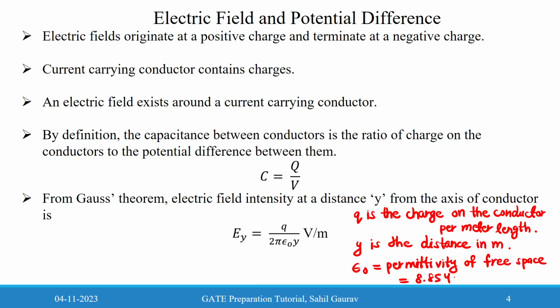This value, as we all know, is 8.854 into 10 to the power minus 12 farad per meter. So basically this is required for the capacitance calculation.